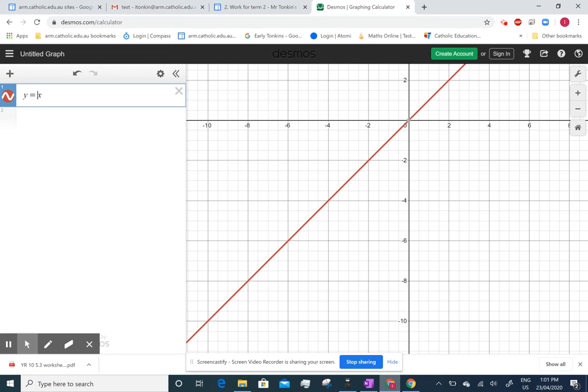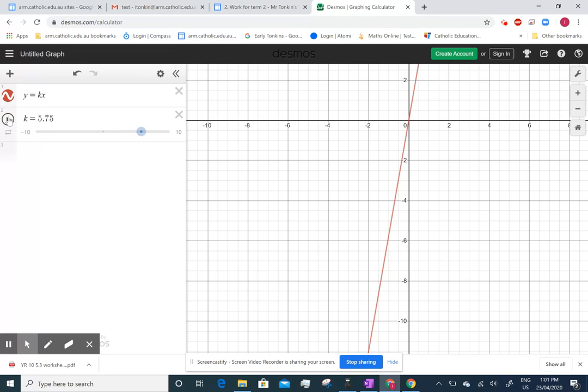Actually, what I'm going to do is put a slider in there. I'm going to put a K and add a slider, and I'm going to let it run. As it gets bigger, it gets steeper. There it's up to 5. There it's up to 10. It just gets steeper and steeper. Now coming back down, there it is at 1.25.